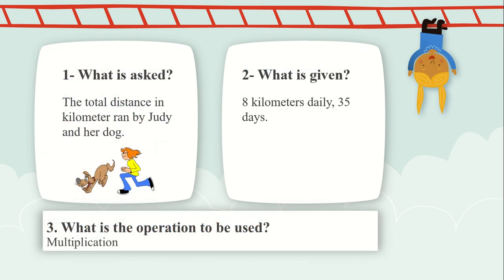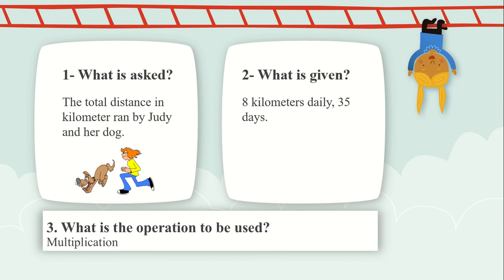Okay, how do we solve the problem now? First of all, we will ask ourselves what is asked. The total distance in kilometers run by Judy and her dog. The second thing, what is given? What information do we have between our hands? 8 kilometers daily, 35 days. Now, to develop a solution and to evaluate it, we have to find the mathematical operation that is suitable to solve the problem.